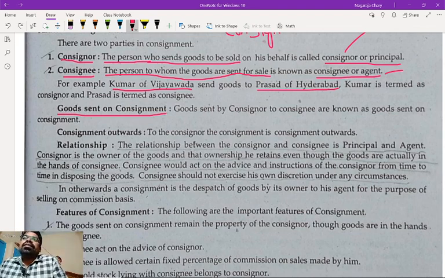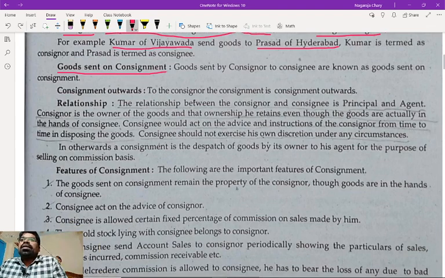The consignee should not exercise his own discretion under any circumstances. Under any circumstances, the consignee need not take any decision by himself. He has to take advice and instructions from the consignor, and only then take decisions.